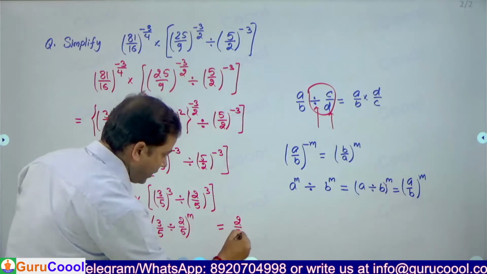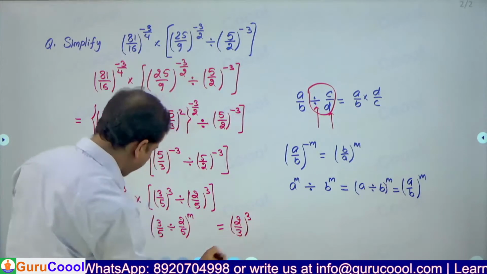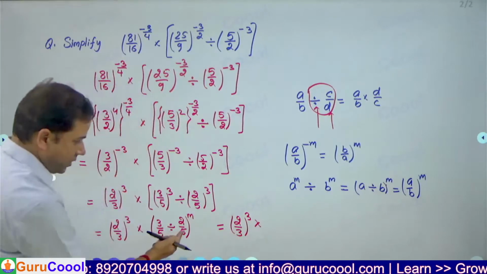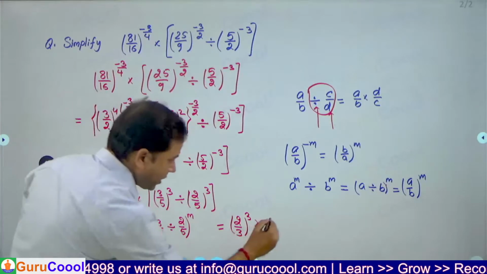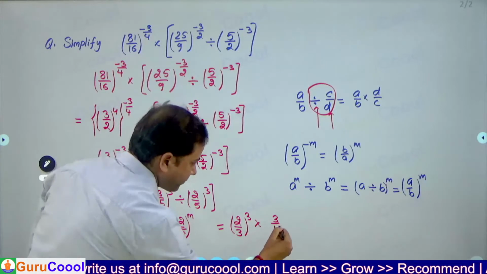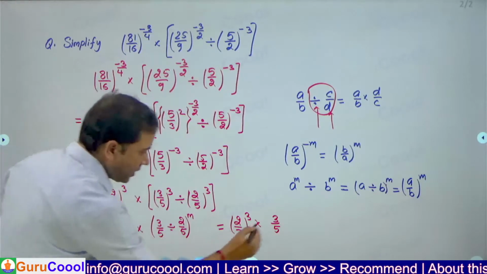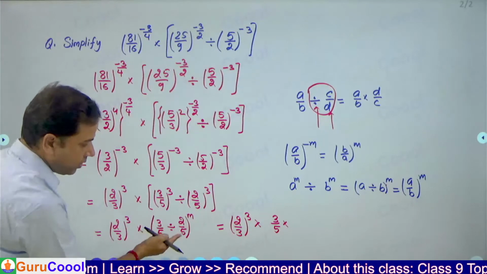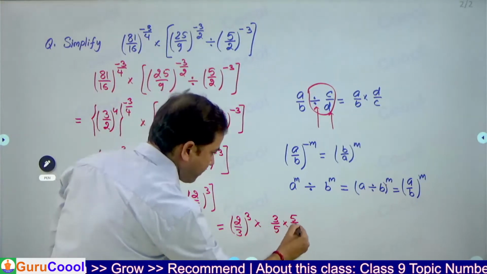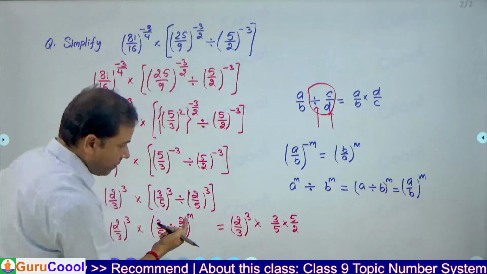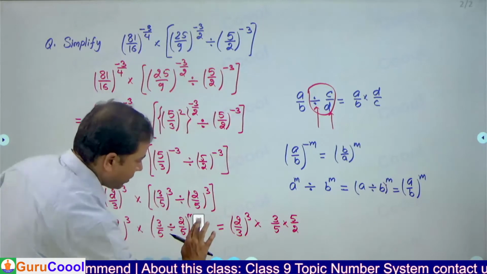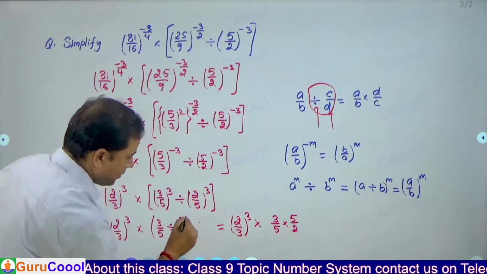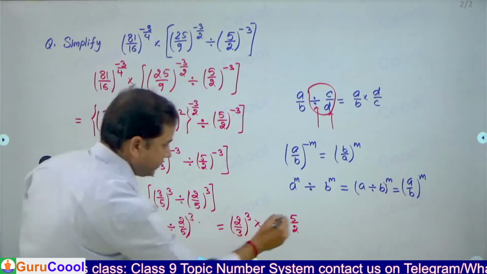2 by 3 raised to the power 3 times 3 by 5. First rational number same to same. Divide changes to multiply and the second rational number becomes reciprocal, 5 by 2, and the power, which was 3 actually, not m, is here.